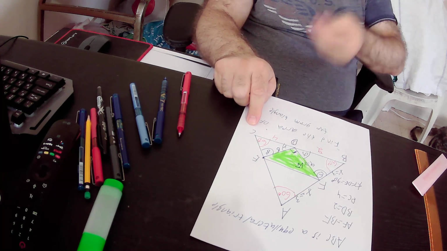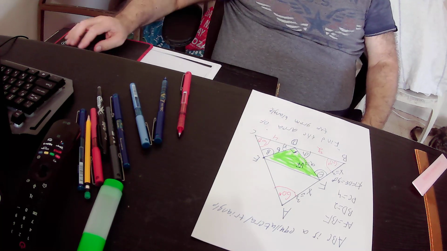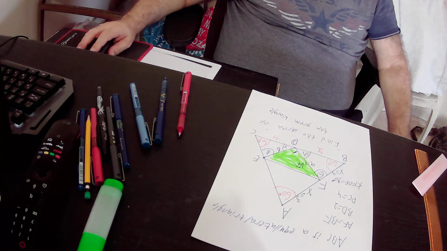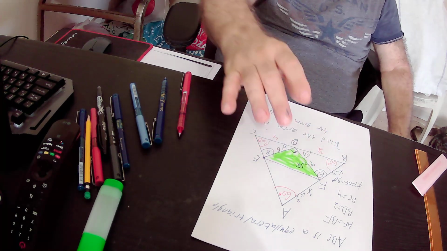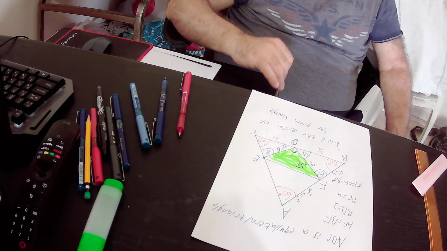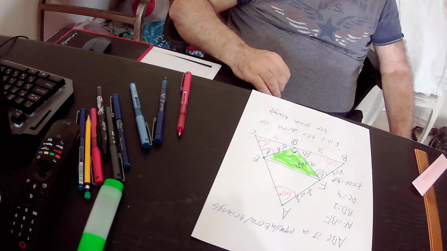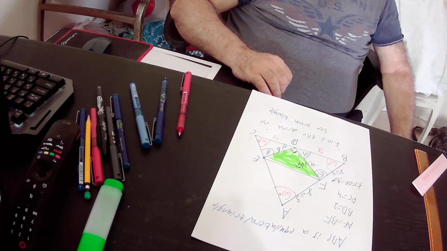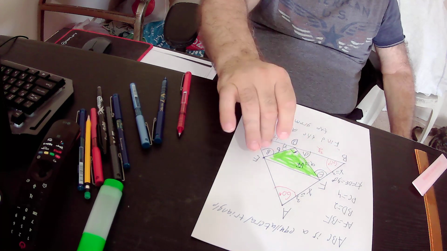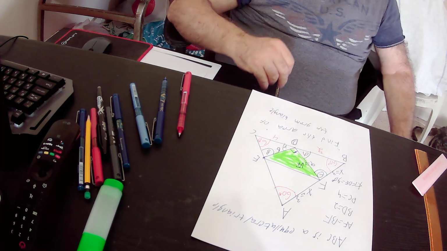We know that all the sides in an equilateral triangle are equal to each other, so AB also equals 6 units and AC also equals 6 units. And we also know that all the angles in an equilateral triangle equal 60 degrees.